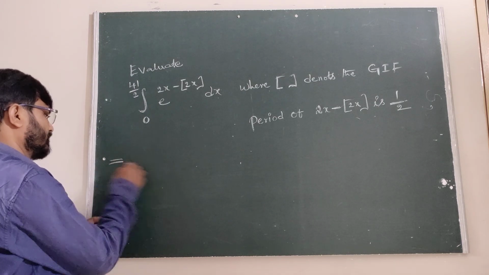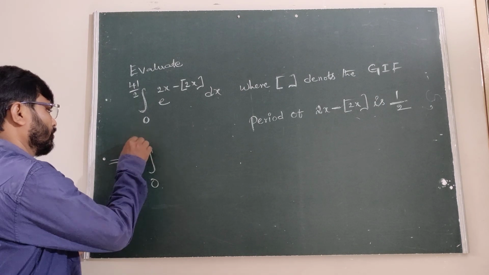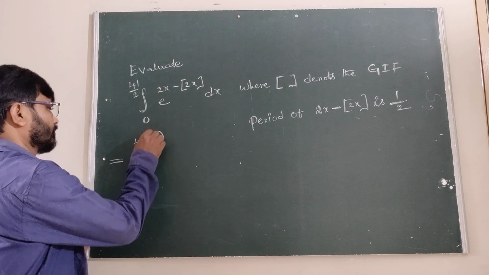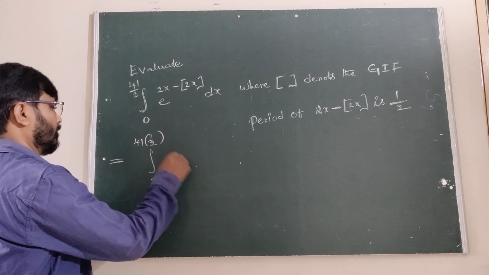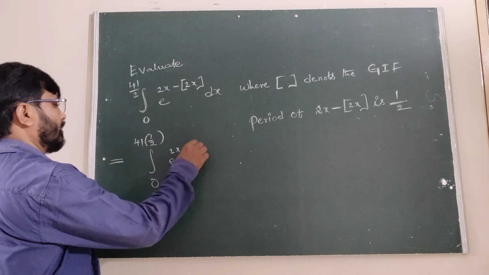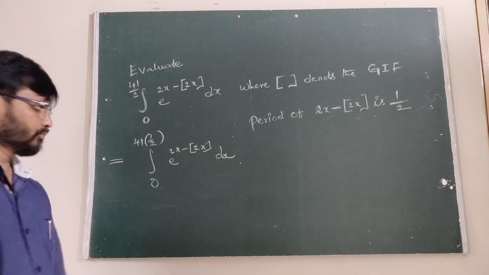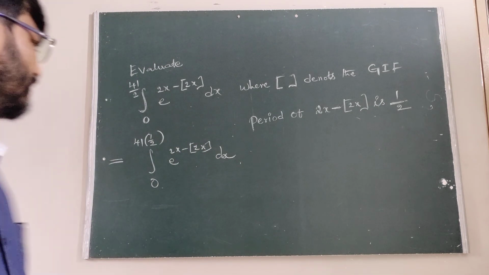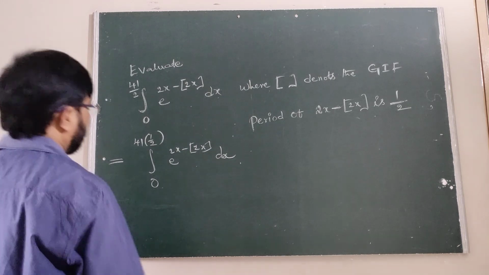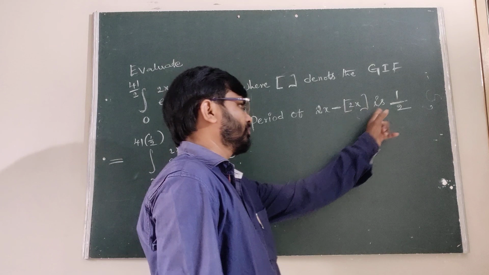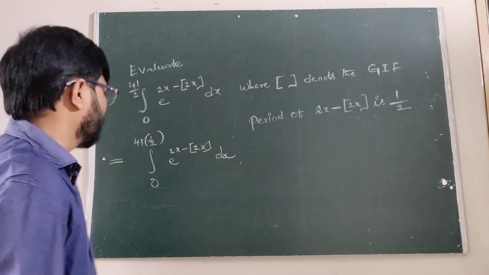Now this is integral 0 to 41 into 1 by 2 of e power 2x minus step of 2x dx. So 1 by 2 is the period, since 2x minus step of 2x has the period 1 by 2.